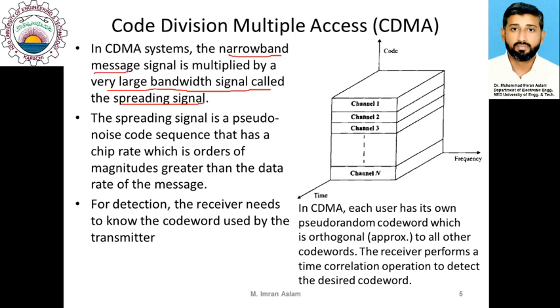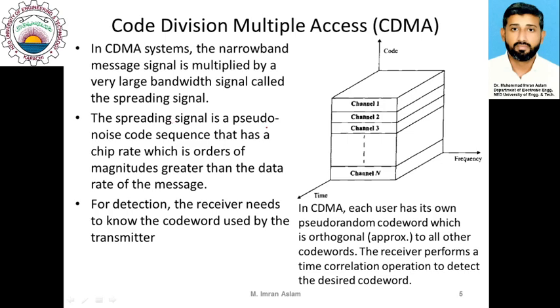This spreading sequence is a broadband signal with very narrow time duration bits, generated in a pseudo random fashion, and it is used to spread the narrowband signal over a wide frequency range.